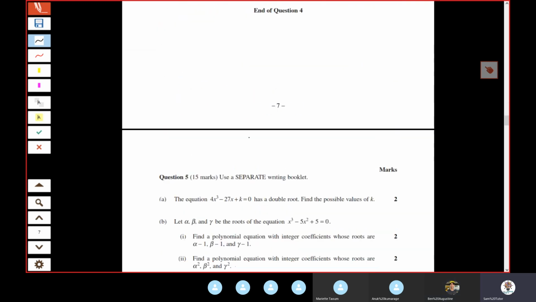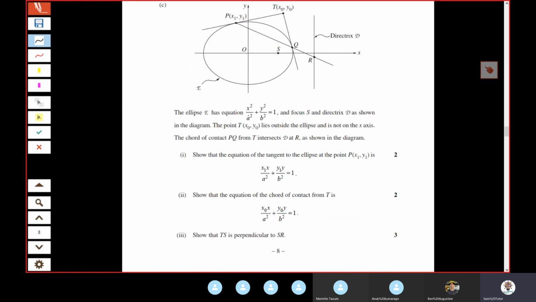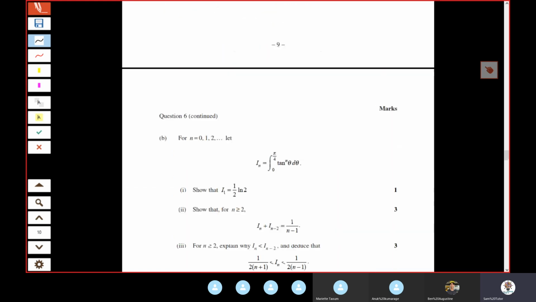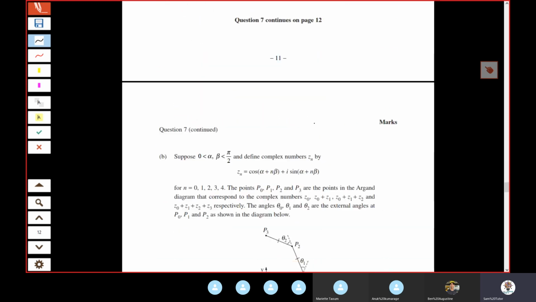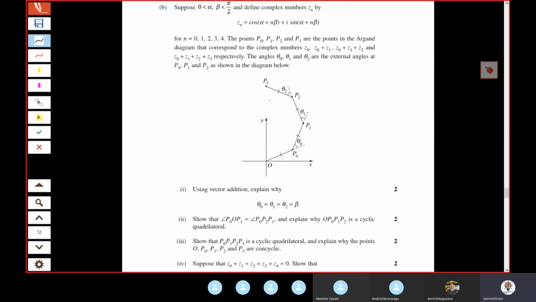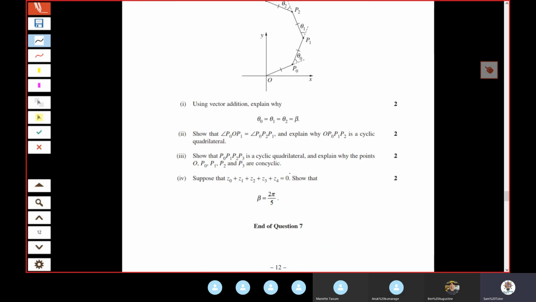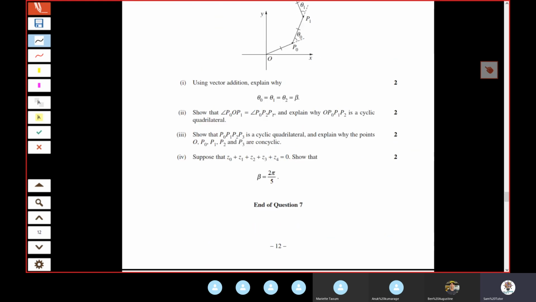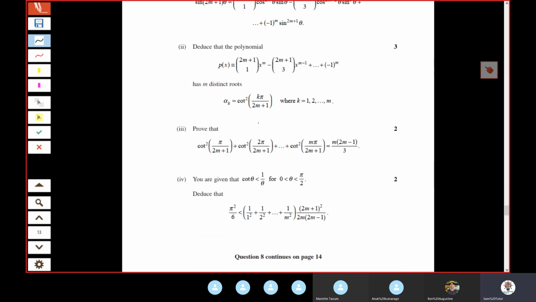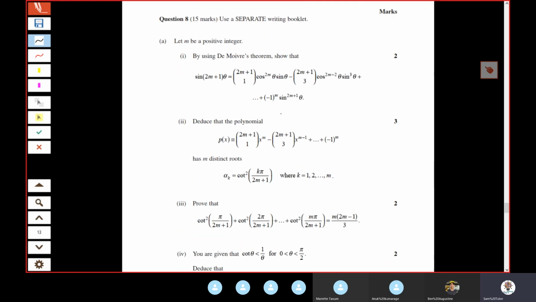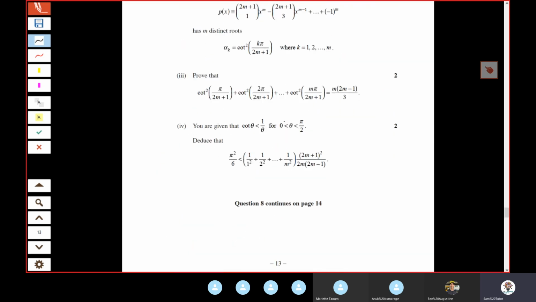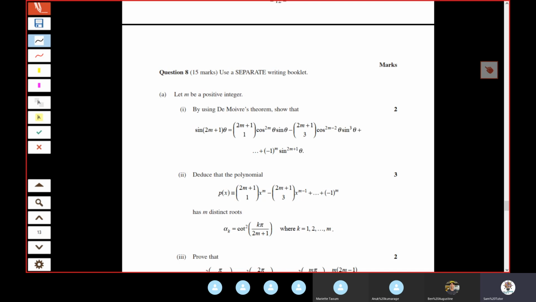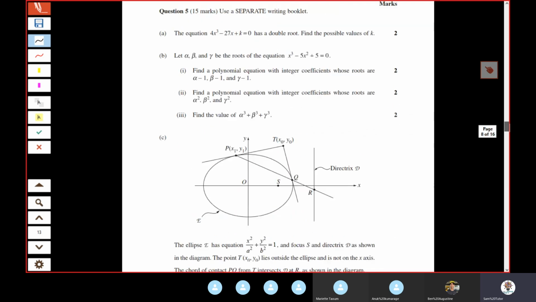Unity. In here, there's unity. Yeah, that question is unity with de Moivre and stuff like that, but not something we're going to look at just now.